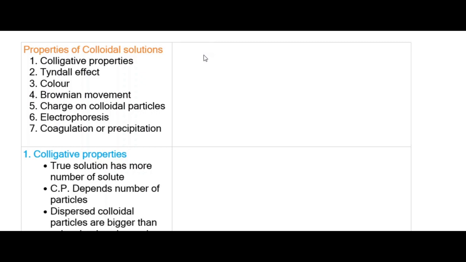Now let us get into the topic, properties of colloidal solution. There are seven important properties of colloidal solution. One is colligative property. Second, Tyndall effect. Third, color. Fourth, Brownian movement.